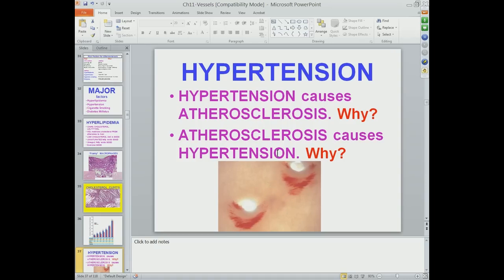Now let's take the flip side of the coin to make this a vicious cycle. How does atherosclerosis now cause hypertension? Well, remember I told you that, theoretically, normal aortas are nice and rubbery, nice and pliable, nice and elastic. What happens to them when there's atherosclerosis in general?